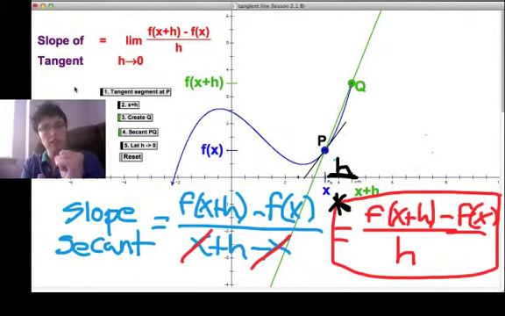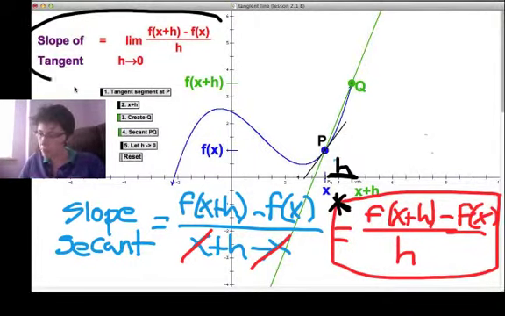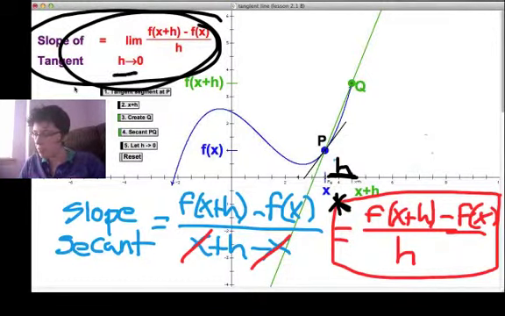We took a point called x, went a distance h out, and what we want to do is shrink h down to nothing, down to 0. If we do that, it turns into a limit problem. That's where this comes from. The limit is h goes to 0. If we shrink h down, it disappears.